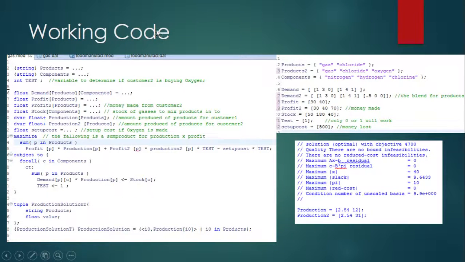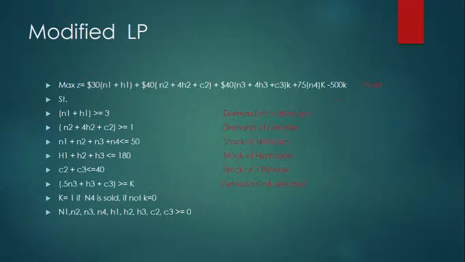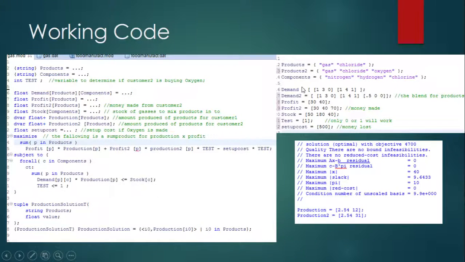Here we have the working code. So instead of doing an if-then, I added a new variable, which was your test, which if you went back to the linear algebra, would be that K value. I did set it to a binary.